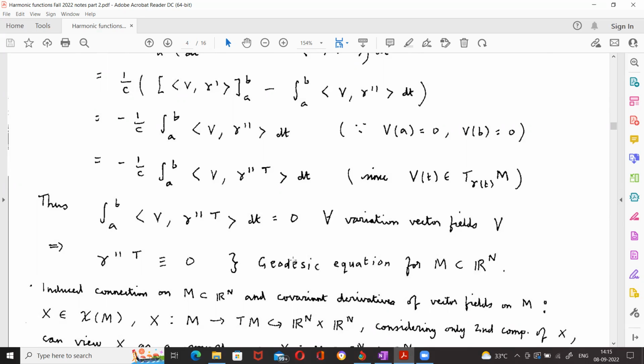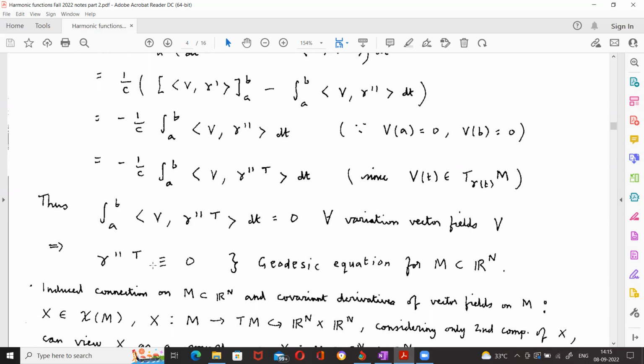So here we get that this integral of v times the tangential component of gamma double prime is 0. Since this is true for all variation vector fields which vanish at a and b, this implies that the tangential component of gamma double prime is identically 0.